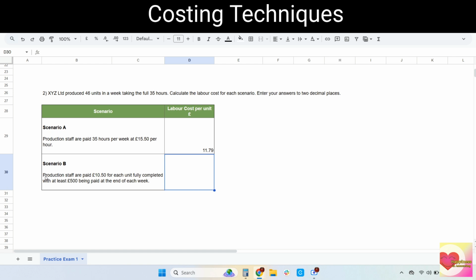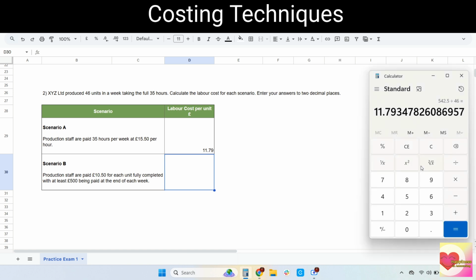Next, scenario B, production staff are paid £10.50 for each unit fully completed, with at least £500 being paid at the end of each week. First, let's get the total labor cost for a week in producing 46 units.